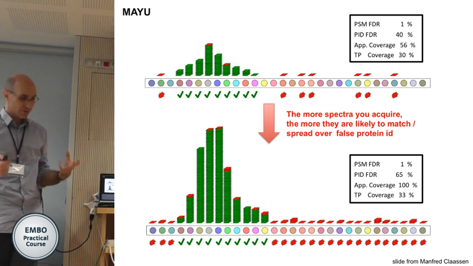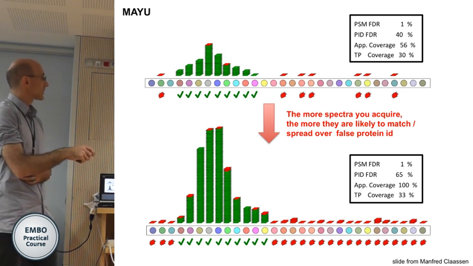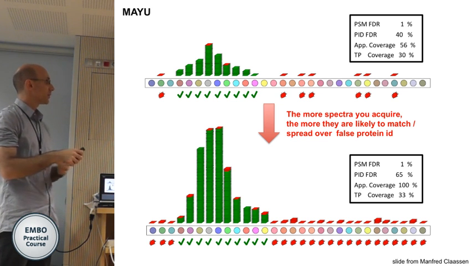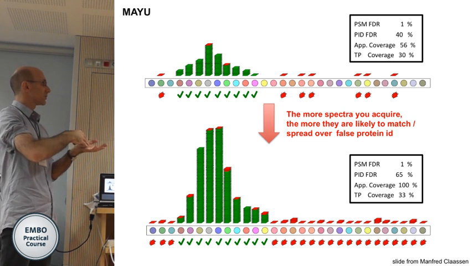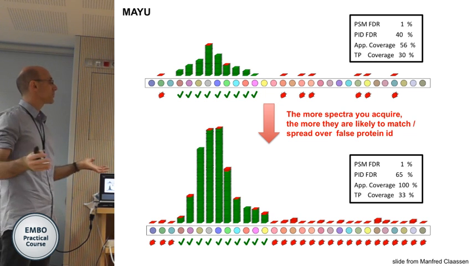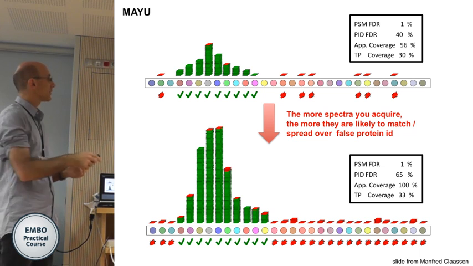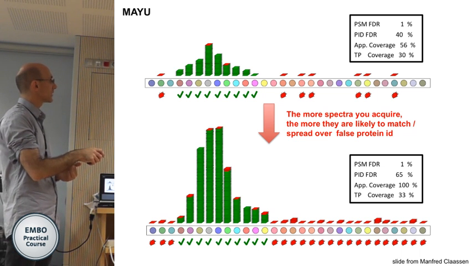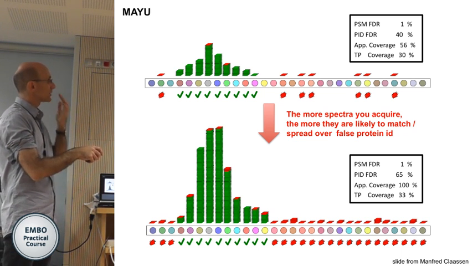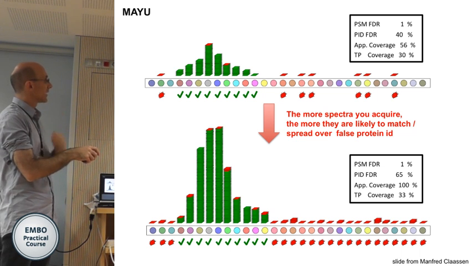What Mayu does is a very simple principle: the more spectra you acquire, the more likely you are to spread your matches over false protein identifications. This is a very simple cartoon to show you. Each of these round dots is a protein ID.